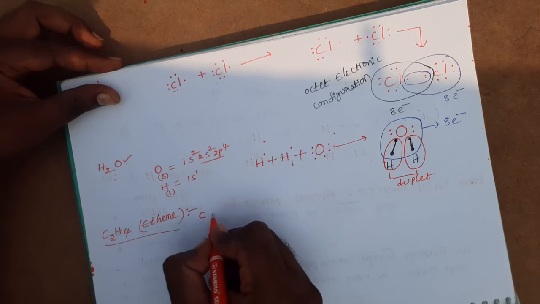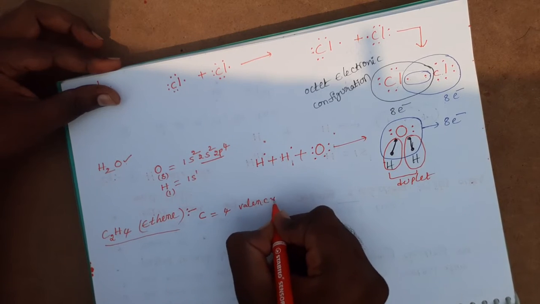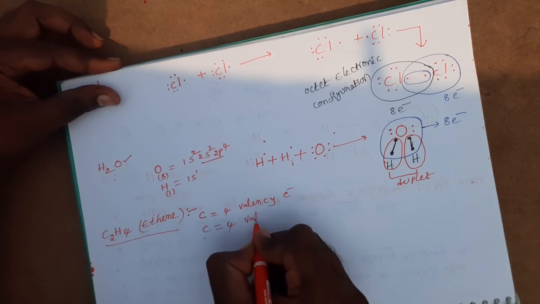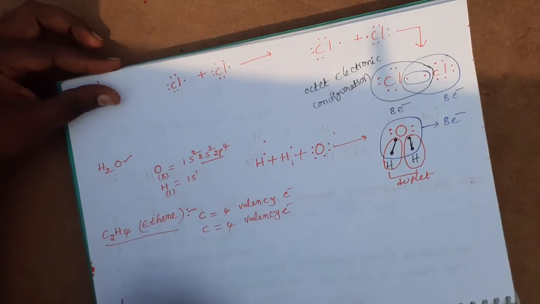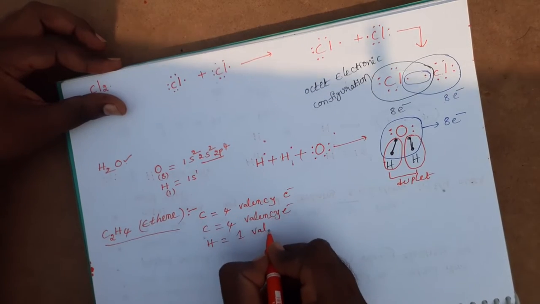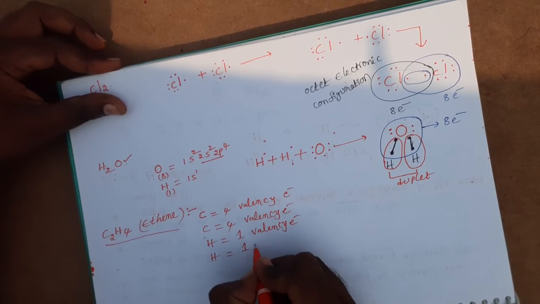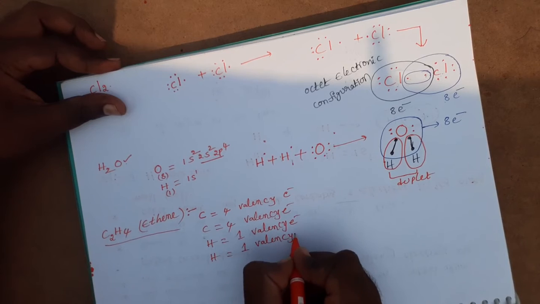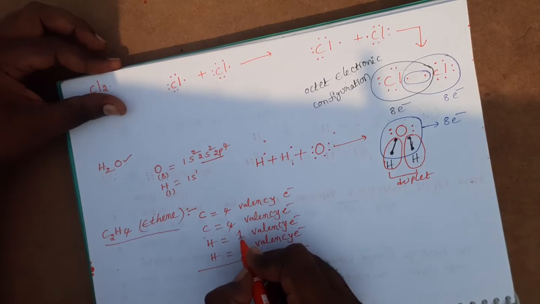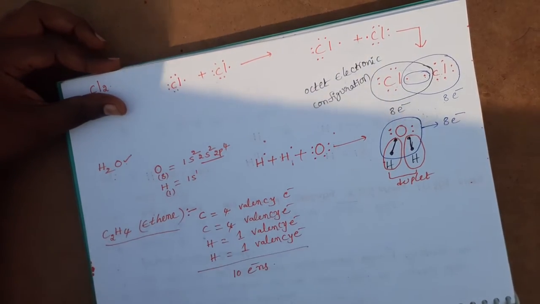Each carbon atom contains 4 valency electrons. Each hydrogen contains 1 valency electron. Total: 4 plus 4, 8, 8 plus 1, 9, 9 plus 1, 10 electrons. How many electrons? 10 electrons.